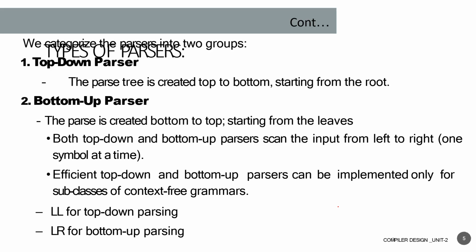Both top-down and bottom-up parsers scan the input from left to right, one symbol at a time. Efficient top-down and bottom-up parsers can be implemented only for subclasses of context-free grammars. So LL is for top-down parsing and LR is for bottom-up parsing.